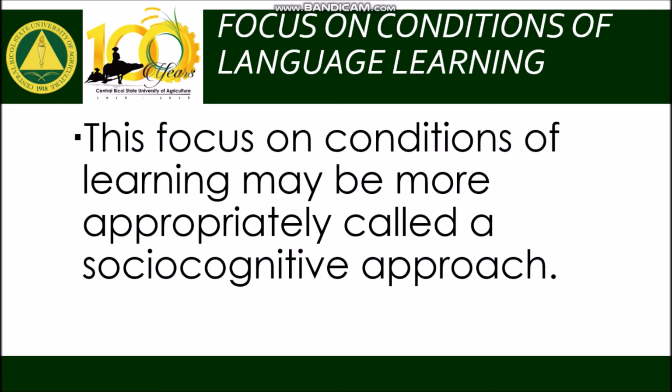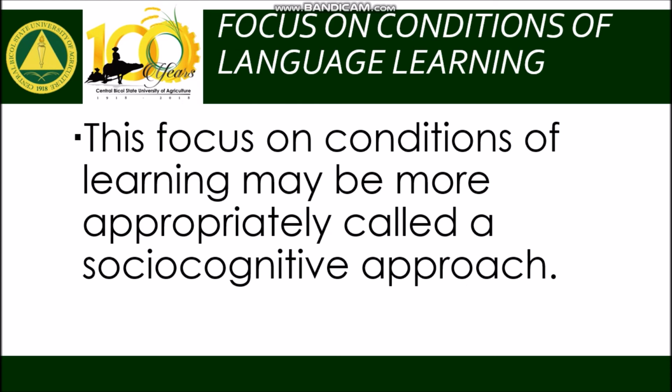This focus on conditions of learning may be more appropriately called a socio-cognitive approach. Why? Because your mental structures are mixed with the environment, the context of where you are. You are exposed to foreigners, or to people speaking the language, and then you adapt how they speak.